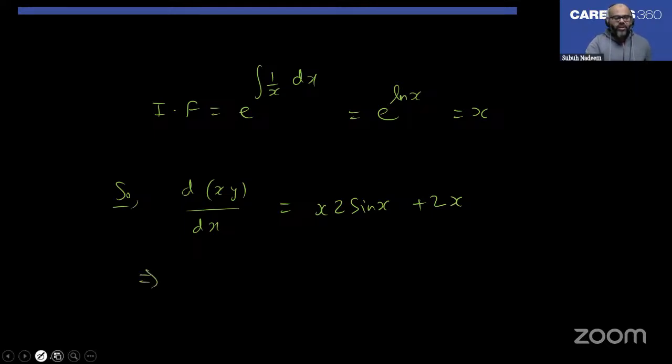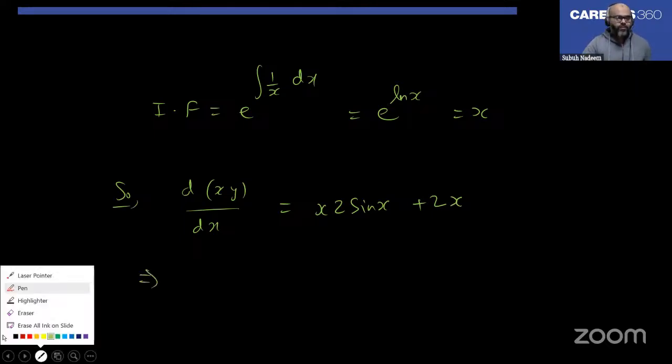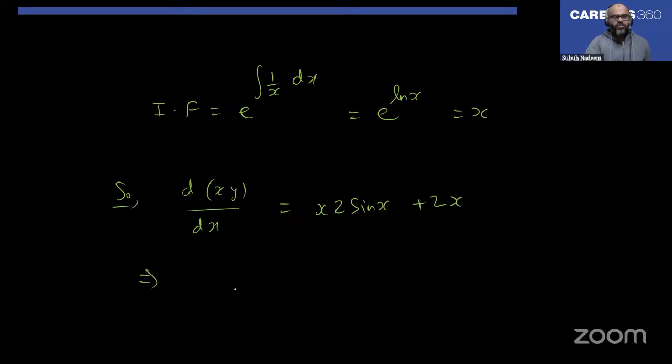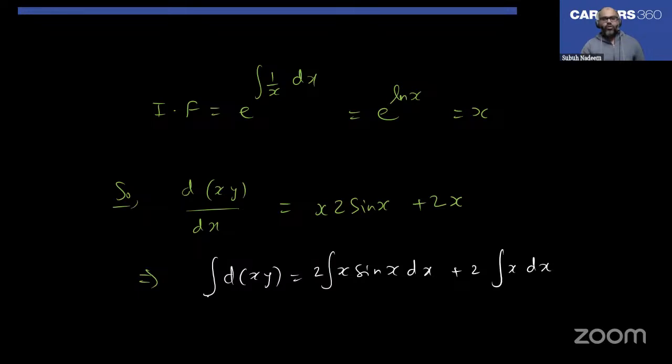And this means that d(xy) is equal to integral of 2 x sin x dx plus 2 integral of x dx. And integral is here also. Integral of d(xy) is xy.